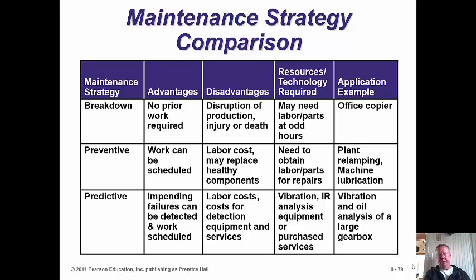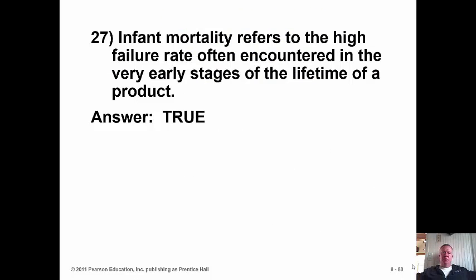So anyway, infant mortality. So yeah, a lot of items will fail right from the get-go. Either it's small components or engineering problems, but anyway, if something works for say an hour, it's probably going to go out to its whole mean time between failure.